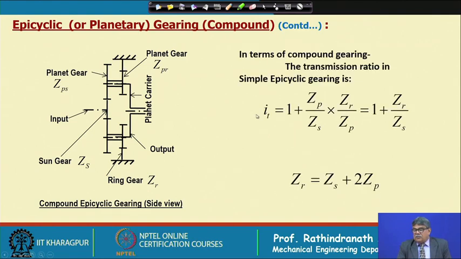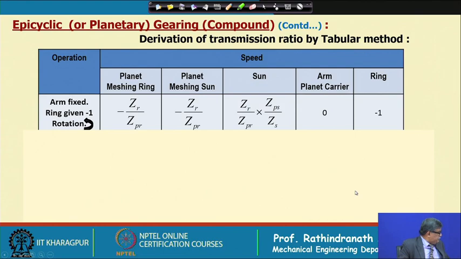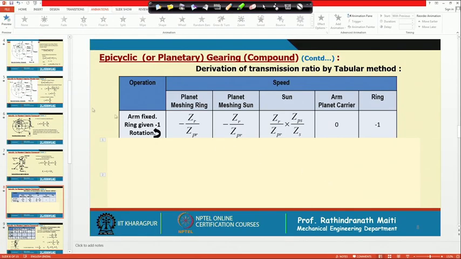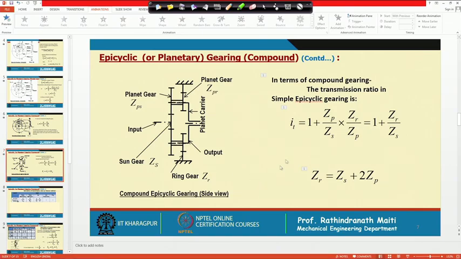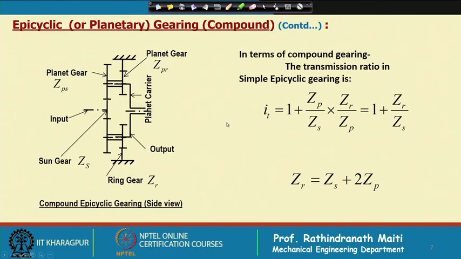So, in case of compound gear we are getting this ratio, whereas if this is a simple gear then, in terms of compound gearing, the transmission ratio in simple gearing is ZR by ZP.